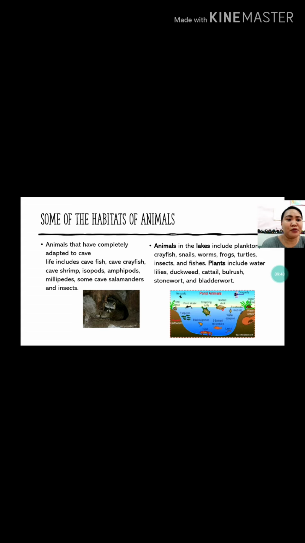So there is also a habitat called the cave, and we also have animals in the lakes, which include plankton, crayfish, snails, worms, frogs, turtles, insects, and fishes. Plants include water lilies, duckweed, cattail, bulrush, stormwort, and butterwort. As you can see in the pictures below, these are the animals and plants that live in the pond.